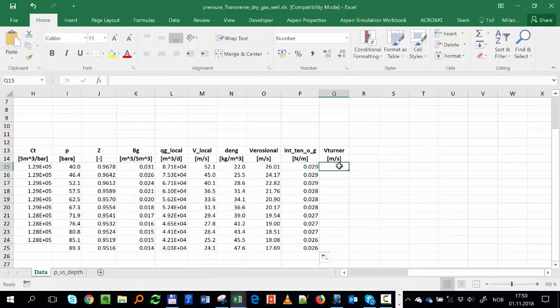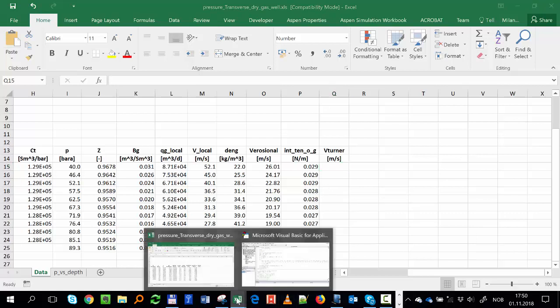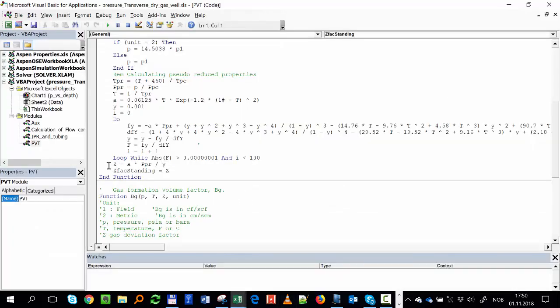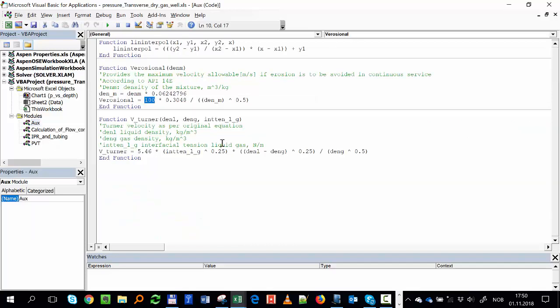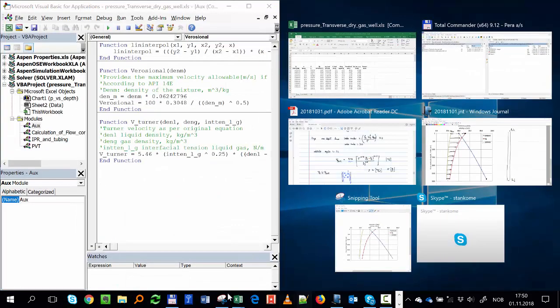Now the last step to finish this exercise is Turner, the velocity. Let's see the equation. It should be exactly the same equation that I showed you yesterday. It's in auxiliary Turner, 546. So let's check if that's the same.